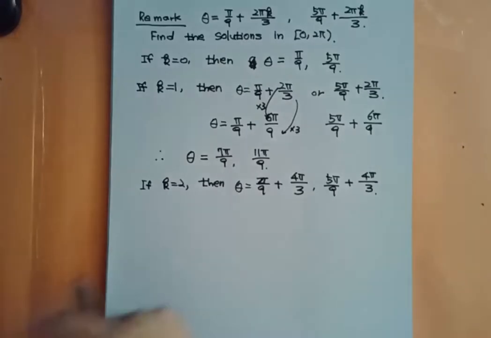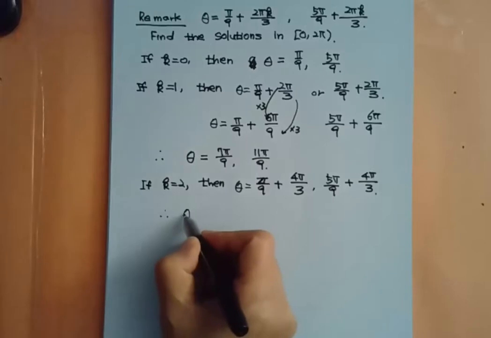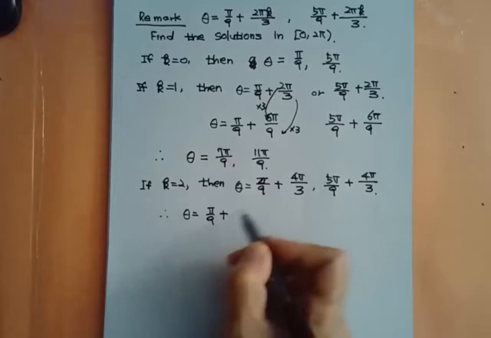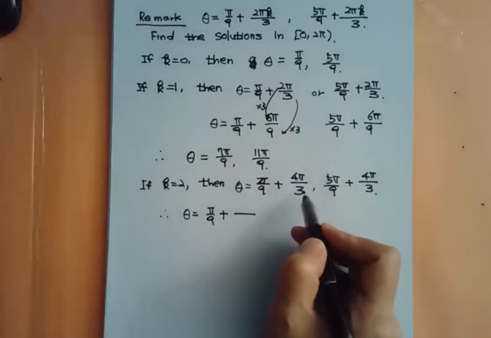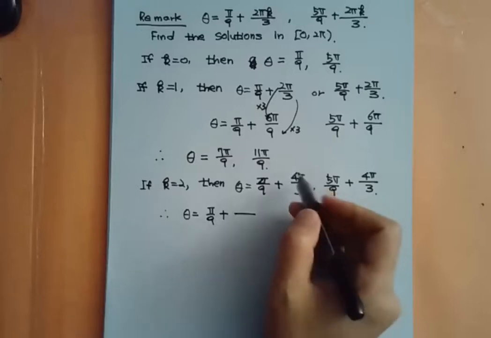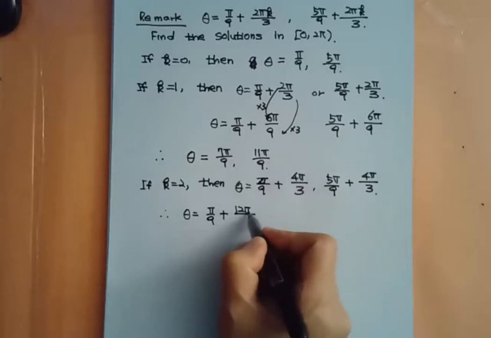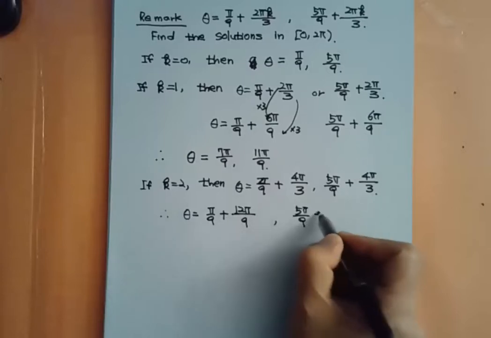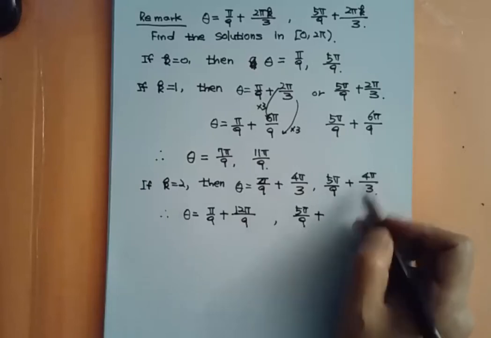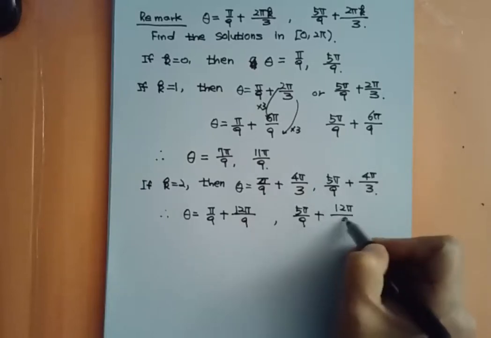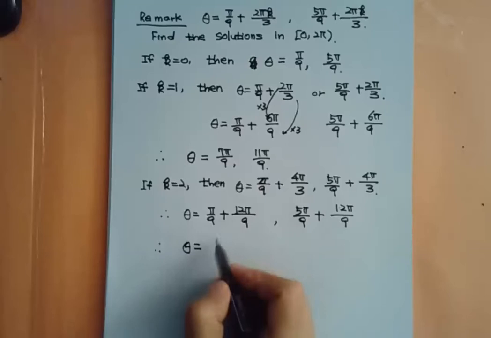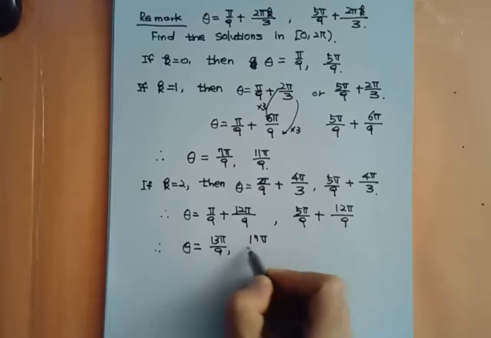So when we think about the common denominator, that becomes pi over 9 plus, we multiply by 3 on the denominator and numerator, 4 times 3 will make 12, 12 pi over 9. And 5 pi over 9 plus 12 pi over 9. So theta equals 13 pi over 9 and 17 pi over 9.